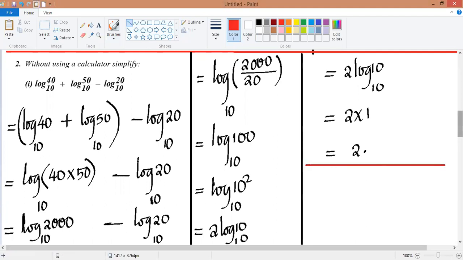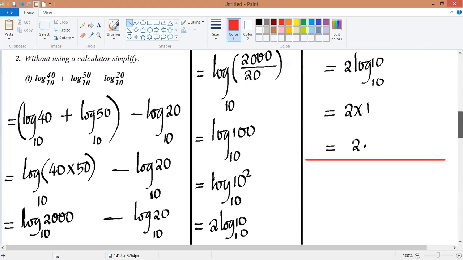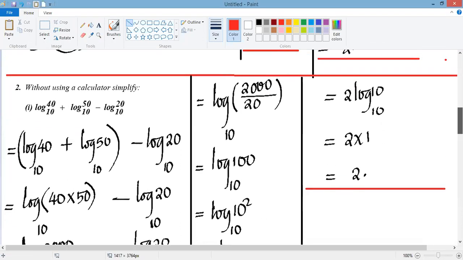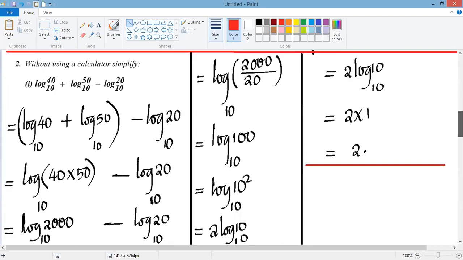What happened to log 20 out of 10? I beg your pardon, the person who has just asked. What happened to the subtraction?